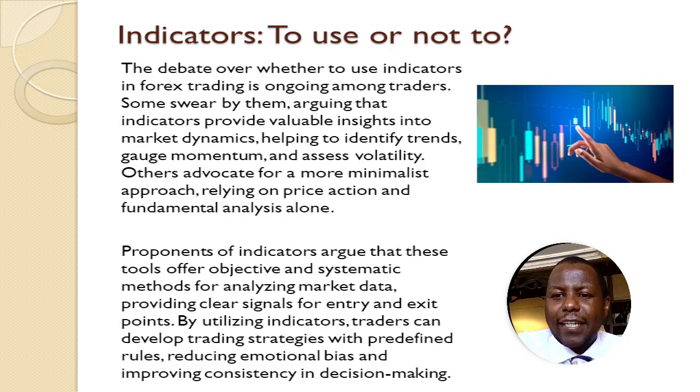By utilizing indicators, traders can develop trading strategies with predefined rules, reducing emotional bias and improving consistency in decision making. So, in this particular module, I'm going to deal with several indicators. Now, you look at what they are checking. They are checking the volatility. They are checking momentum. They are checking the trend. And indeed, there are other ways of checking the trend. I am aware.